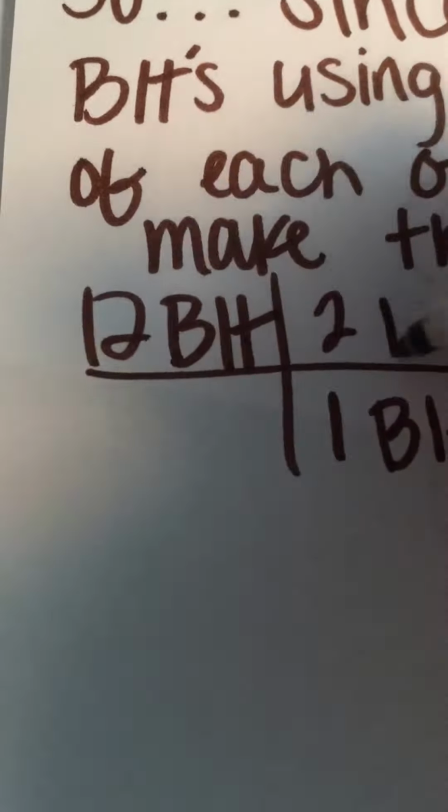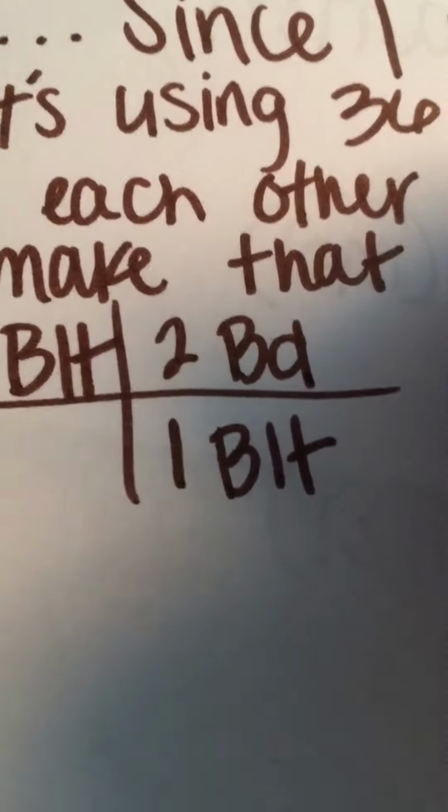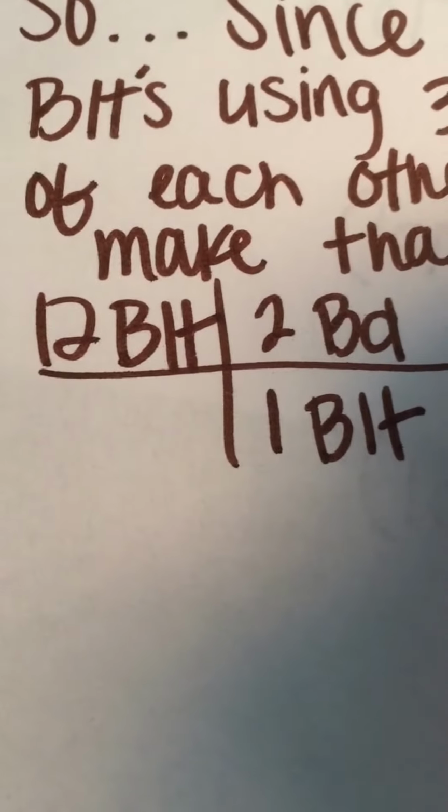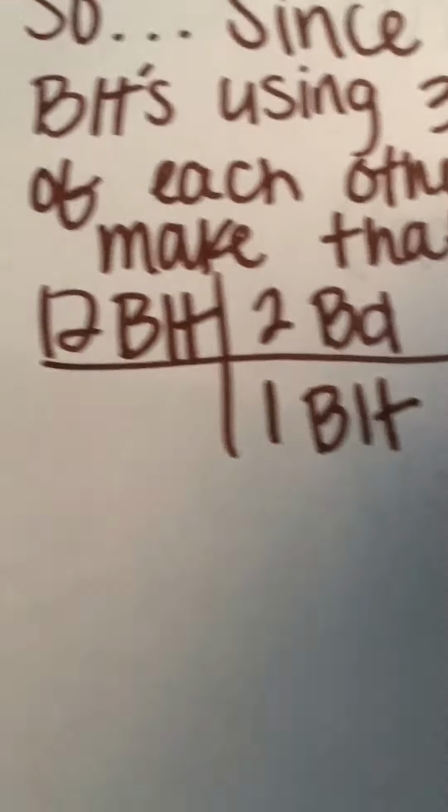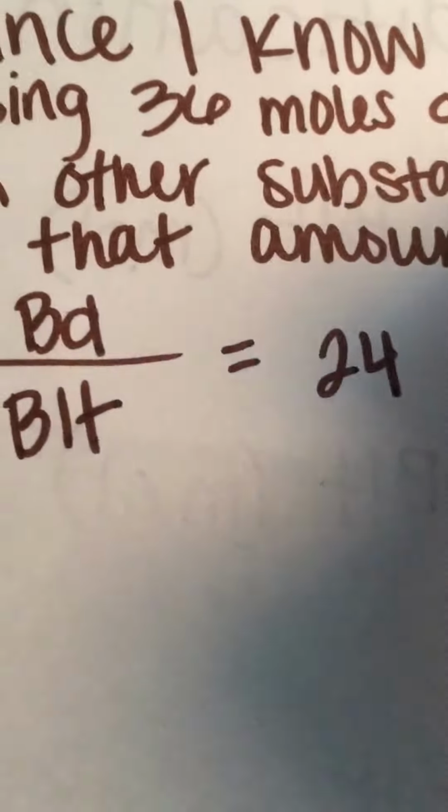So 2 bread, you multiply the top, divide the bottom. 12 times 2 is 24, divided by 1 is 24. So you need 24 moles of bread to make 12 BLTs.